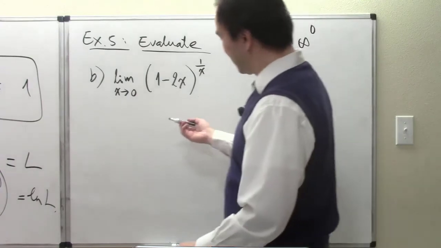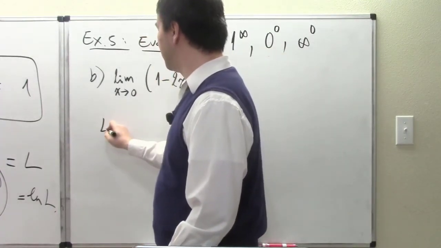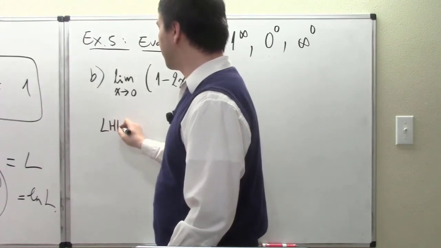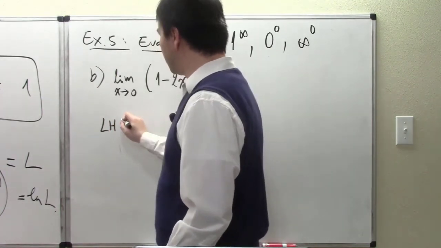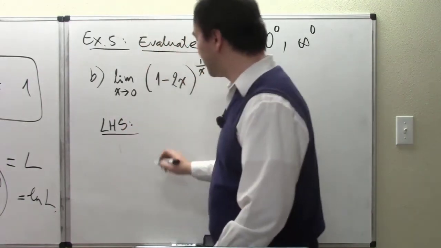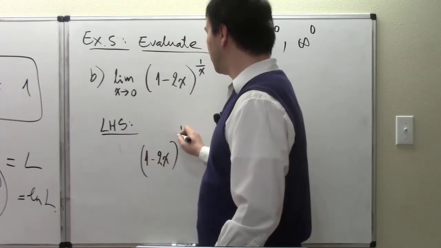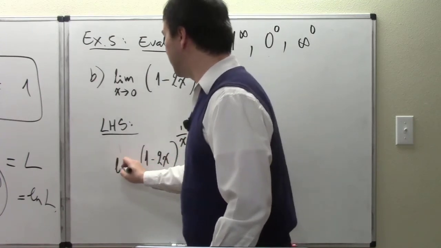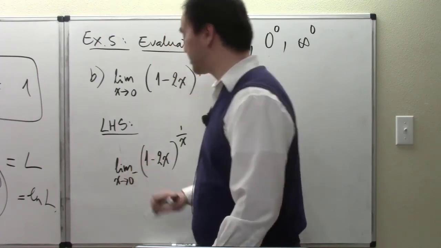And so with this problem, I am going to first consider the same problem here, but from the left-hand side. I am going to think about the same problem, 1 minus 2x raised to the power 1 over x. I'm going to take the limit, but now x goes to 0 from the left-hand side.